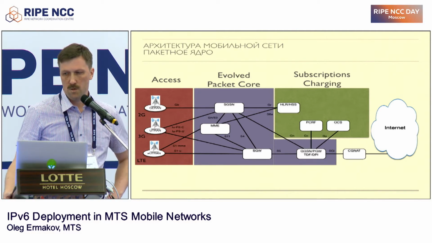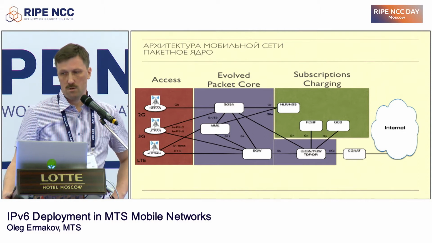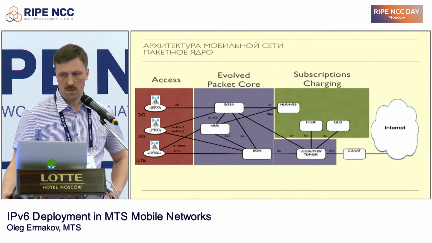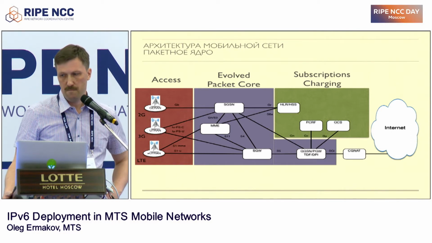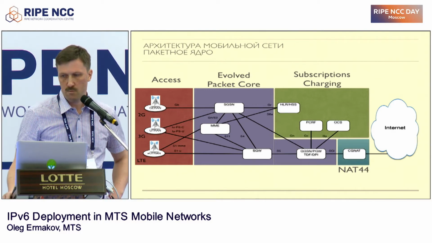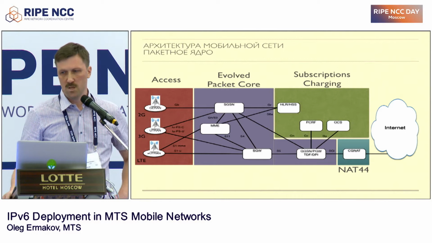And OCS, online charging system, the last box in this segment, it counts the traffic that goes through the gate, and it is differentiated by services or across the services that it receives from PCRF.